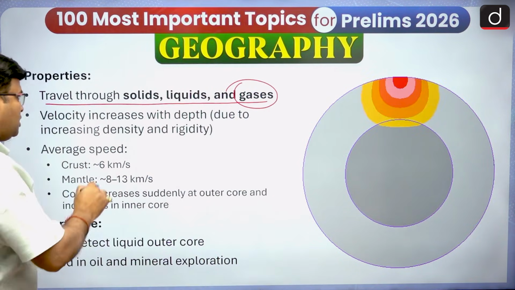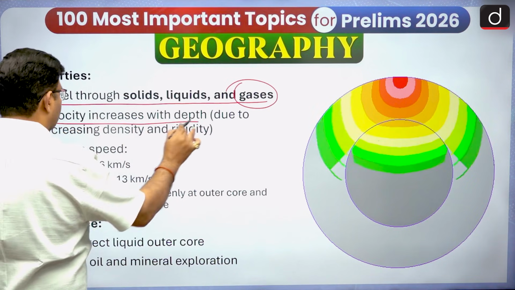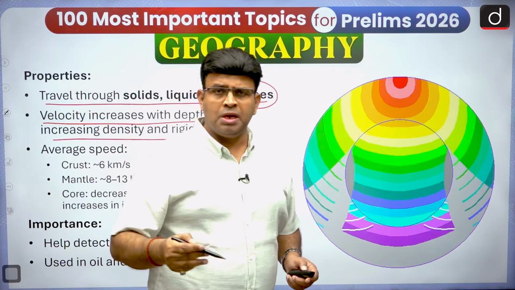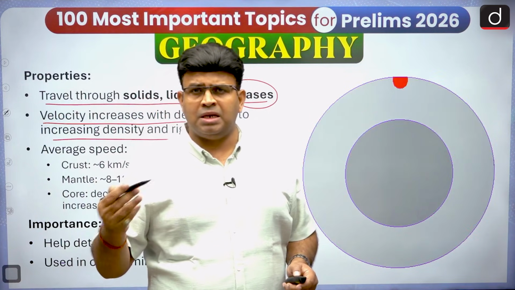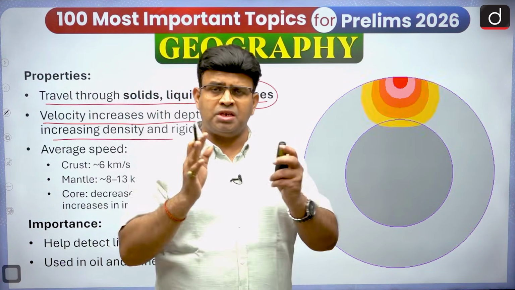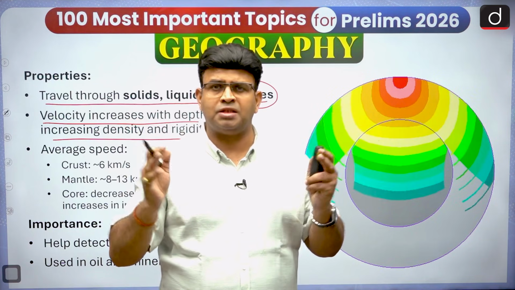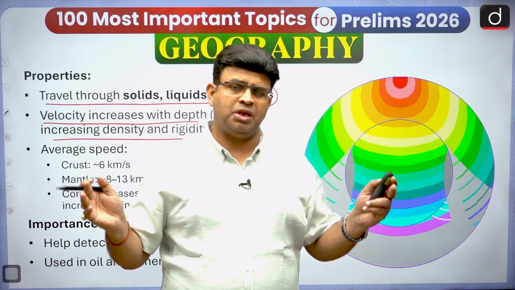Here velocity increases with depth due to increasing density. You must have known in class 9th and 10th that if the density is higher, the speed increases; if the density is less, the speed decreases.